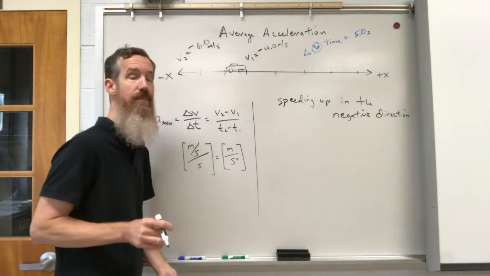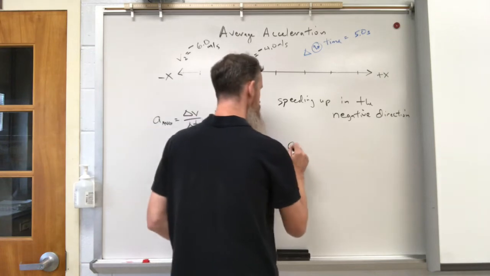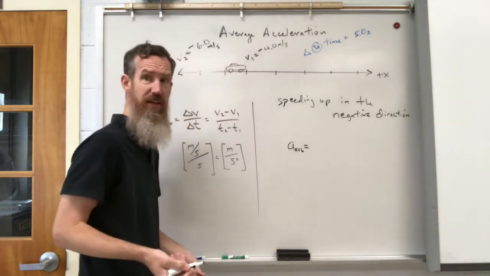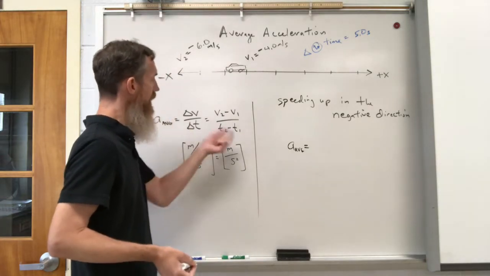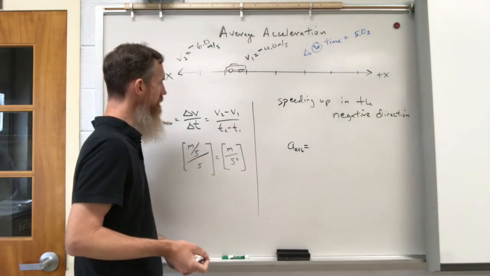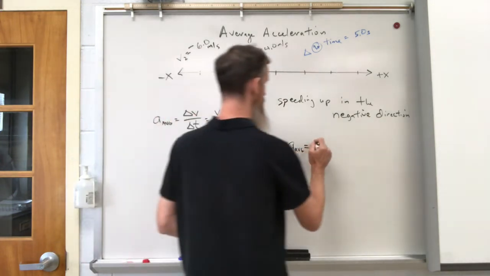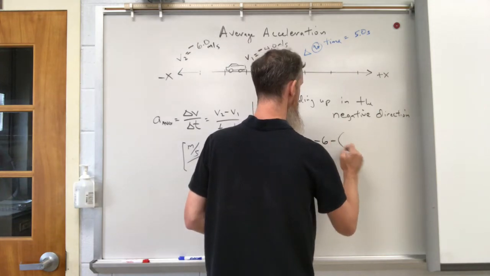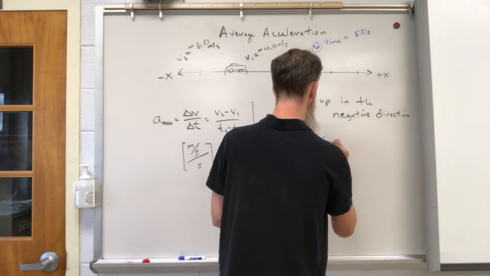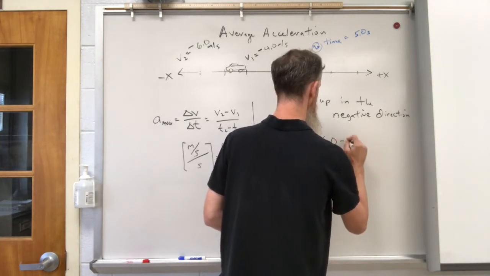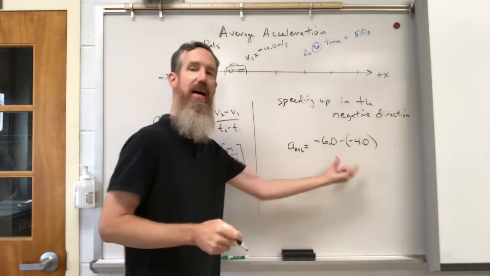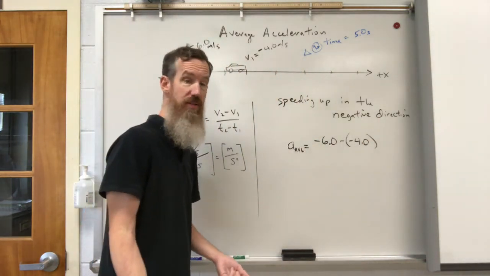That is key. And when I plug that into the average acceleration formula, it has a profound effect, because it's final minus initial velocity. So my final velocity is -6.0 minus my initial velocity of -4.0, but remember you're minusing a minus because it's a change in velocity.